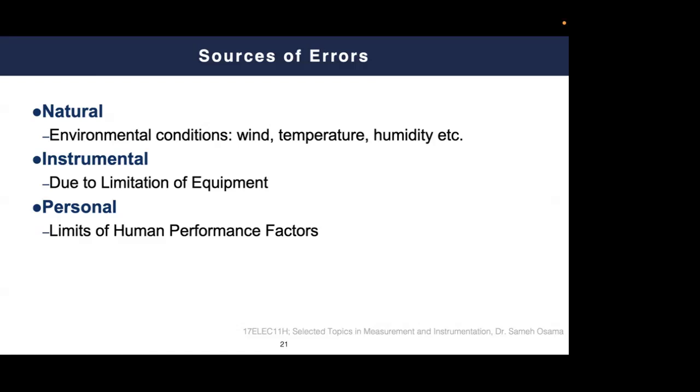Natural errors or environmental errors are all errors associated with the system due to uncontrolled parameters in the surrounding environment. For example, if I told you to go outdoors and measure the solar irradiance using a pyranometer or photodiodes, it might happen that while you are measuring, a certain variation occurs in the solar irradiance due to, for example, an obstructing cloud, simply because you are measuring in an uncontrolled environment.